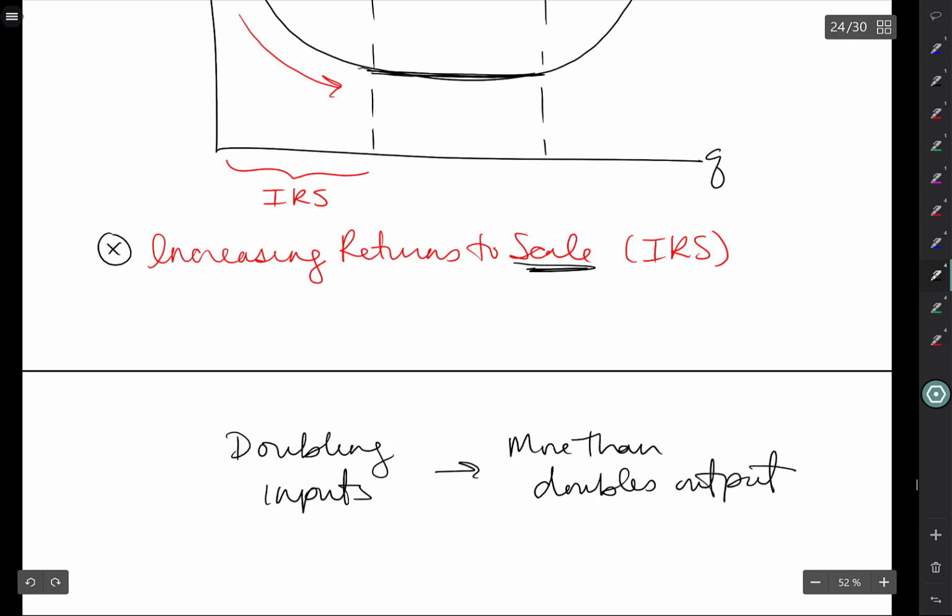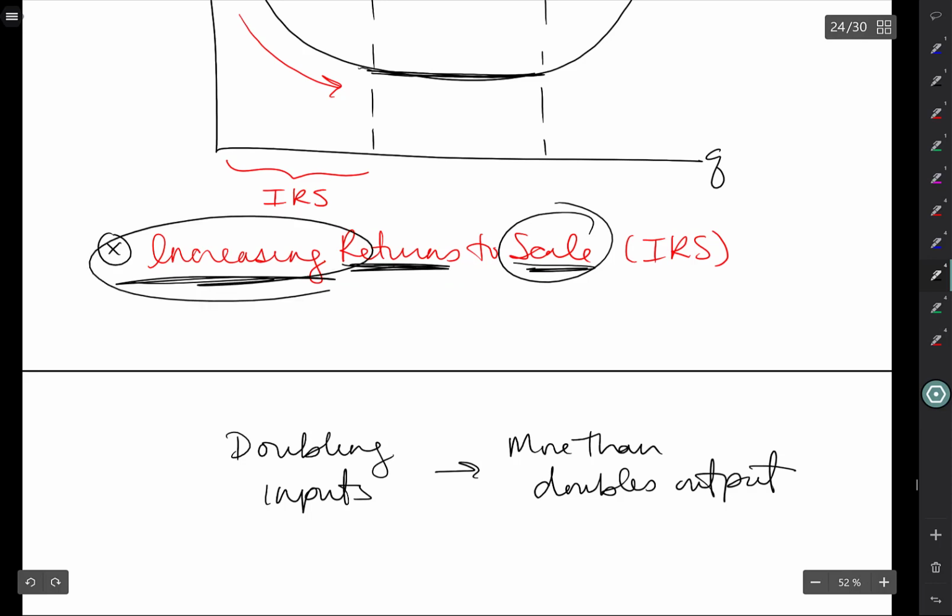Doubling inputs more than doubles output. You scaled, you doubled inputs. The returns were more than doubled. They were increasing. It was proportionally greater than the size of your scaling. Increasing returns. You doubled inputs, you more than doubled output.